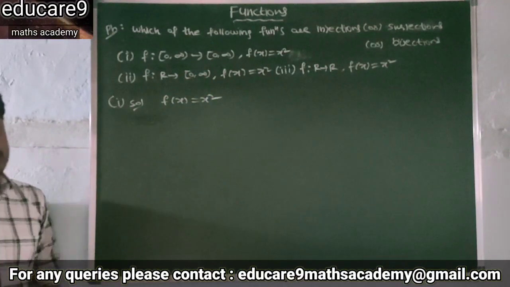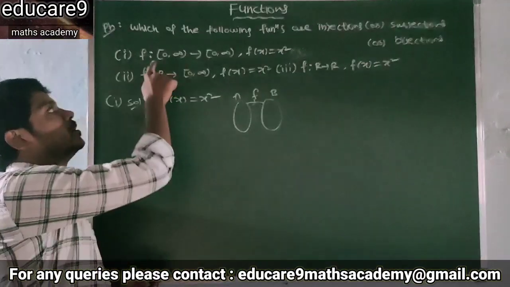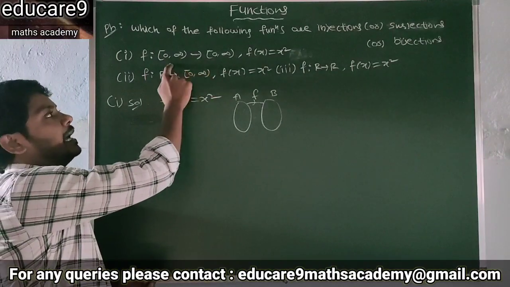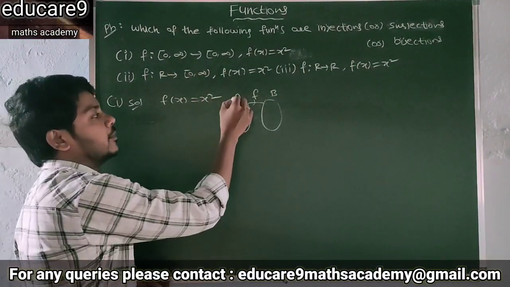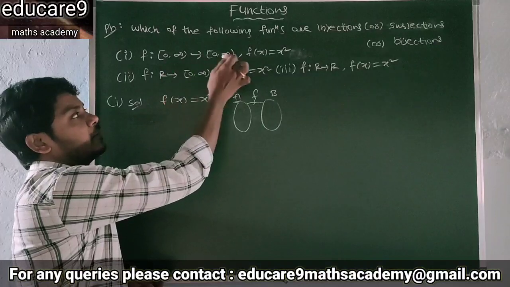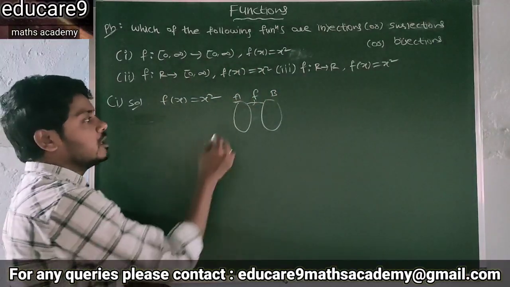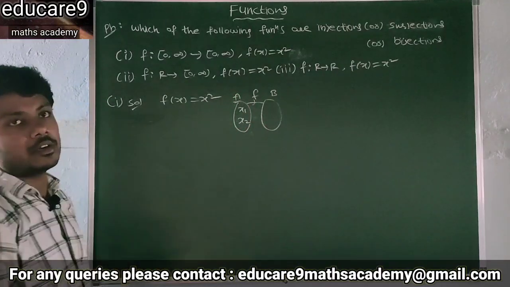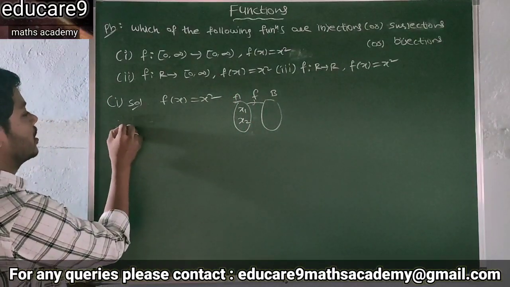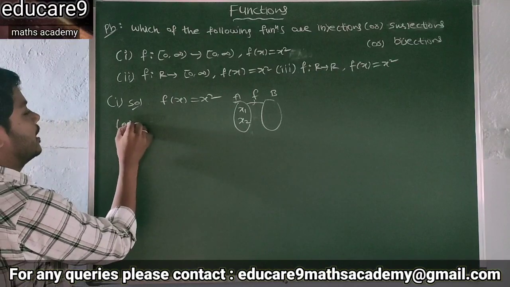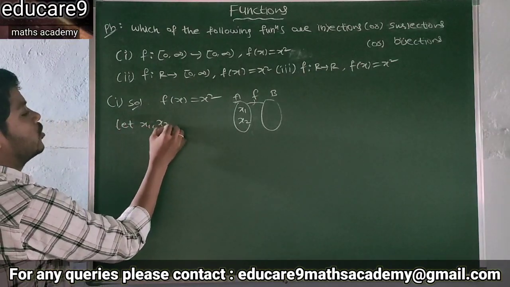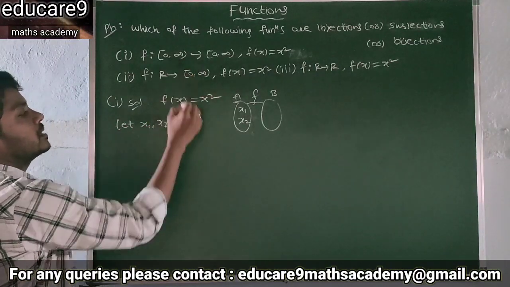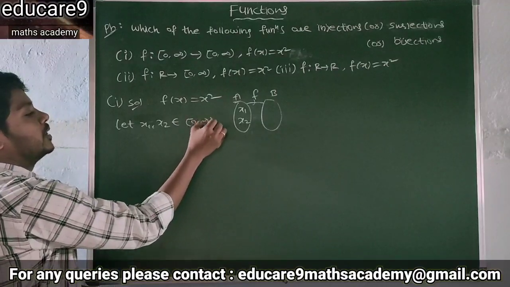For finding the injection, see here f from A to B. A and B are positive values. I am assuming A is 0 to infinity, B also 0 to infinity. So consider two elements in domain. Therefore, let x1, x2 belong to the domain, that is closed interval 0 to infinity.